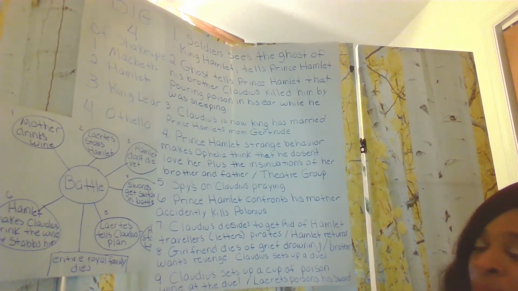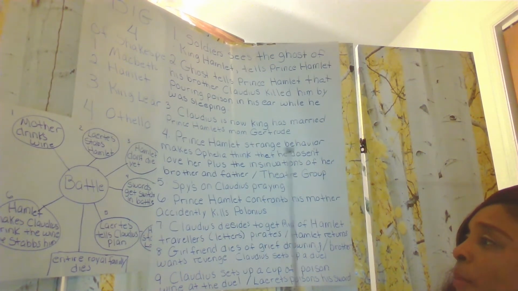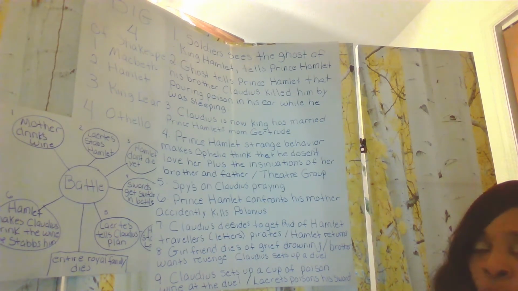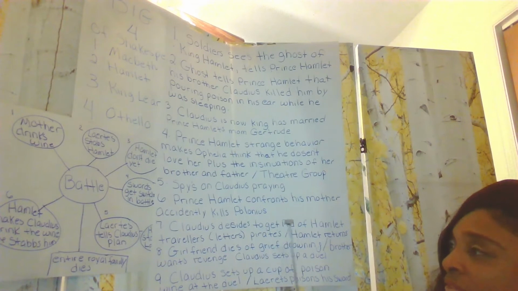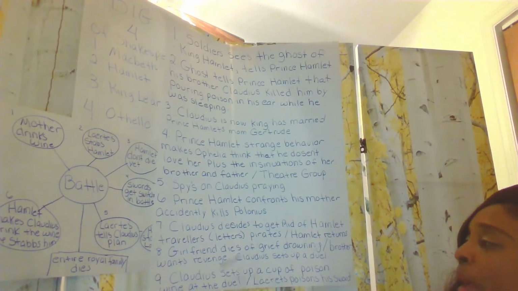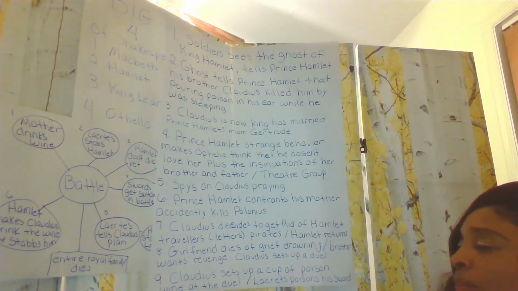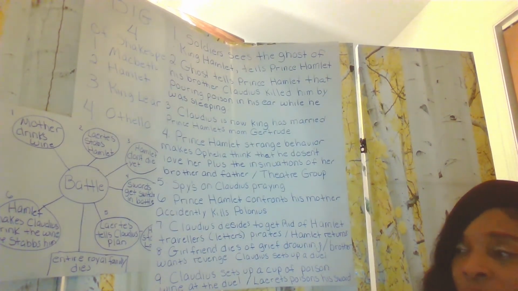They want to make sure, of course, of Prince Hamlet's demise. So they poison a cup of wine at the duel, and Laertes also poisons his sword. That way, either way, Prince Hamlet will die. So that is the plan.